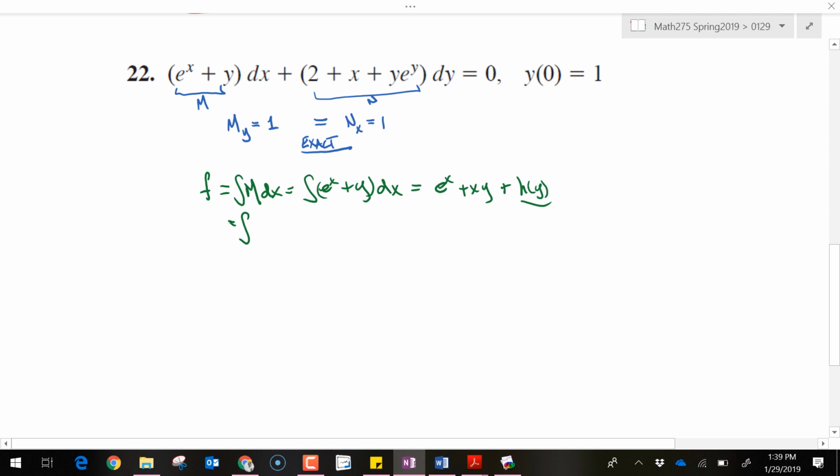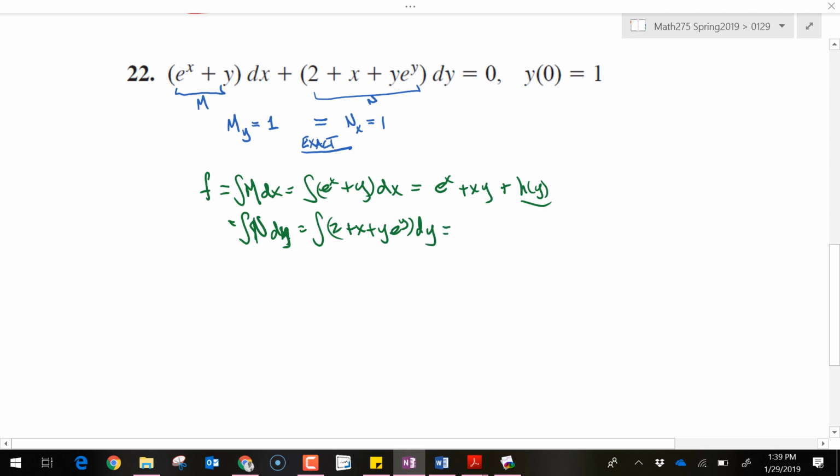And this same function, we should also be able to get by taking the integral of N with respect to y. So that's the integral of 2 plus x plus y e to the y dy.